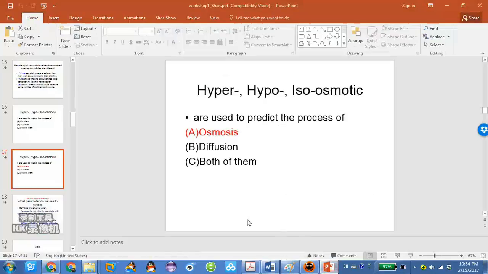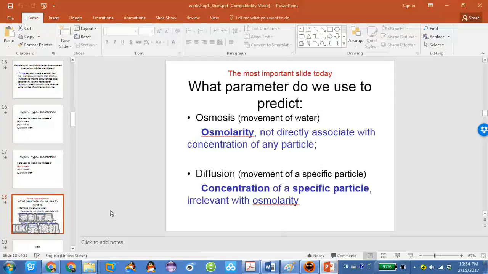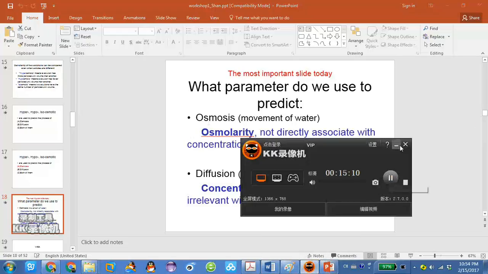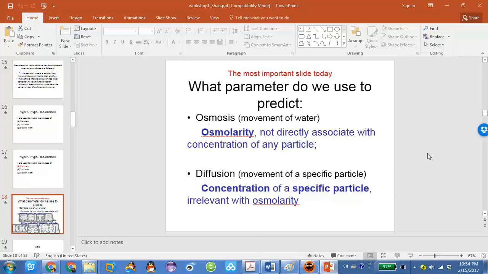That gives us one of the most important slides of this class. What parameters do we use to predict the direction of osmosis and the direction of diffusion? Osmosis is a process only related to the osmotic pressure.